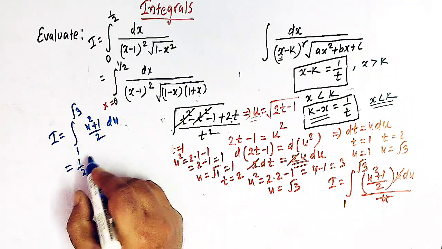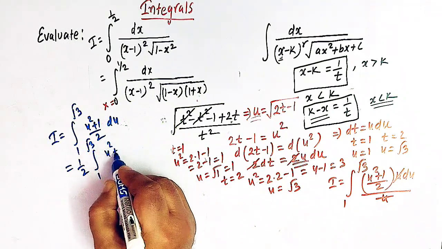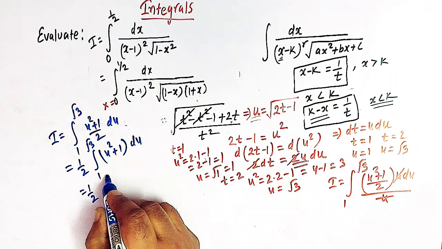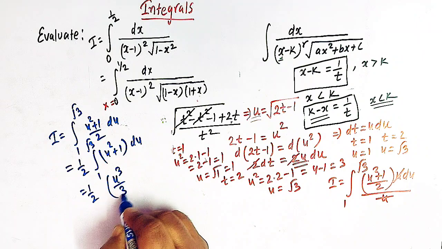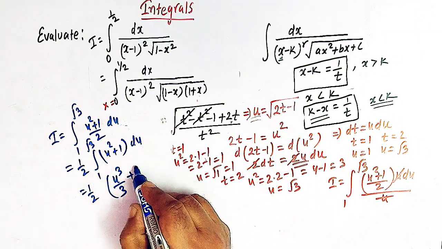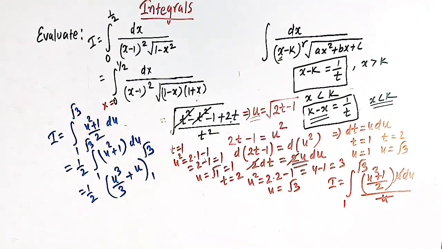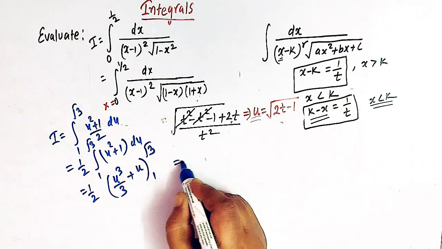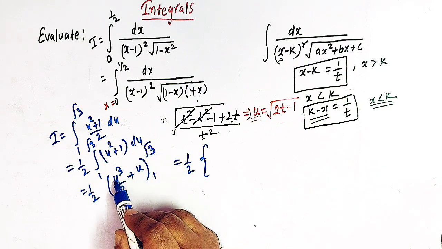Taking half outside, we have 1 to root 3 of (u square plus 1) du, and now we can find the integral of u square, which is simply u cube over 3, and the integral of du is simply u, and limits are from 1 to square root of 3. So let us substitute the limits. So we'll take square root of 3 here.